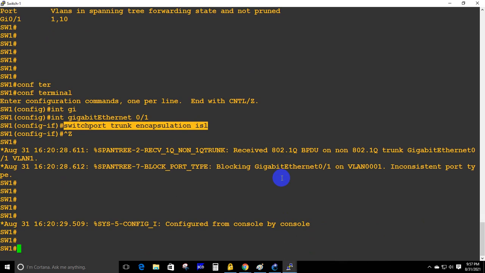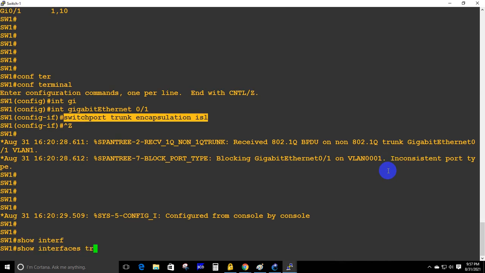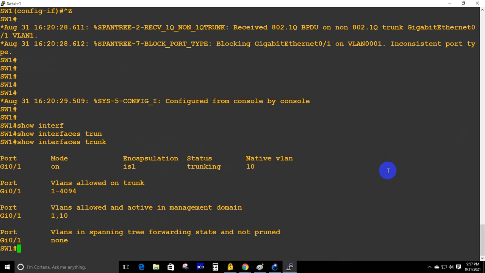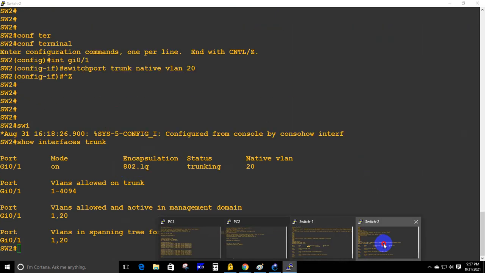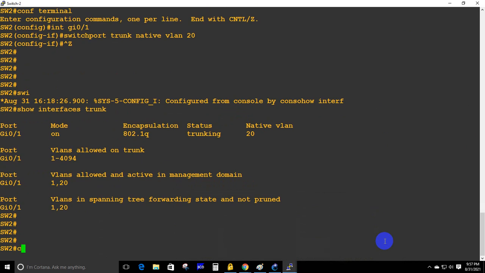So you are getting some spanning tree messages. Show interfaces trunk. Encapsulation is ISL.